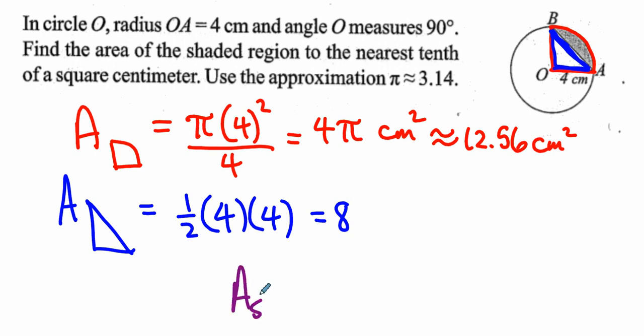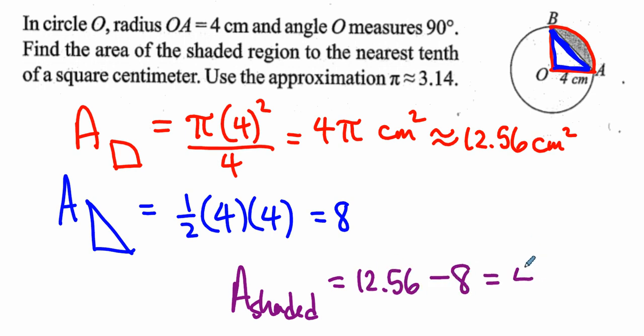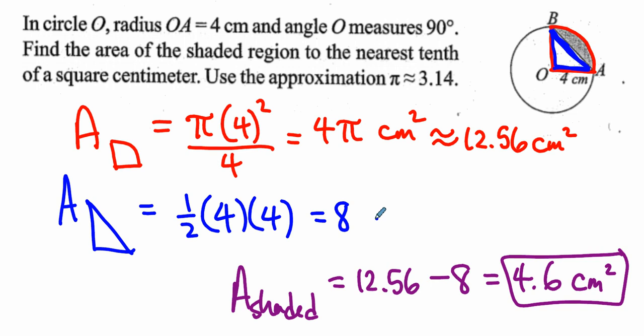So the area of the shaded region is the 12.56 minus 8. That's 4.56 square centimeters. Yes, I know, that's square centimeters. Rounded appropriately, 4.6 square centimeters, and we've got a decent answer.